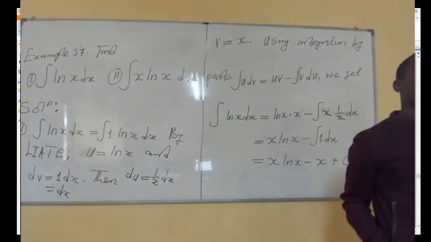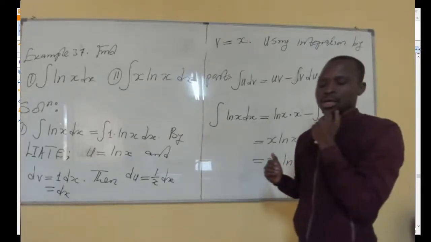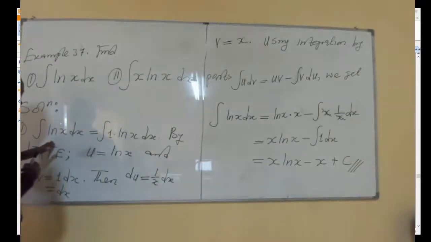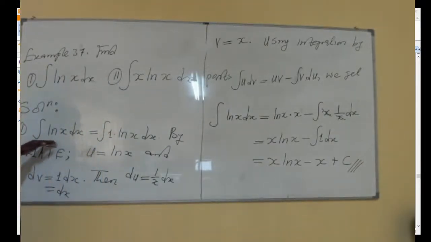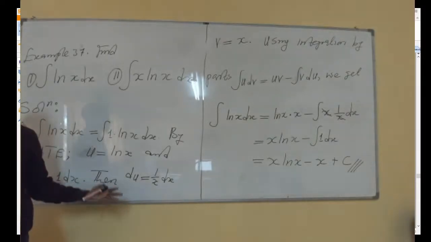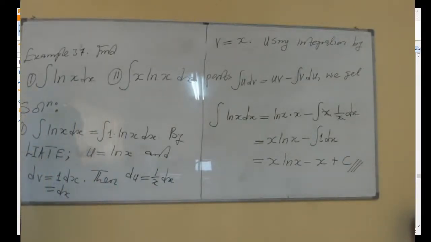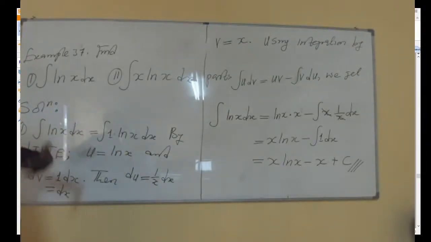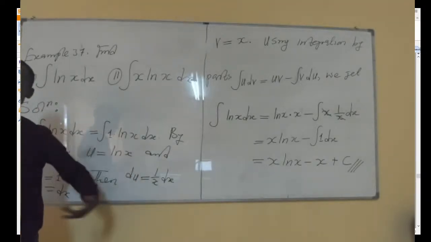Now, from what we've done, we've seen a situation where you just integrate by parts once. You just do a single integration by parts and then the answer comes out. Now, we have situations where the integration by parts has to be applied twice, thrice.